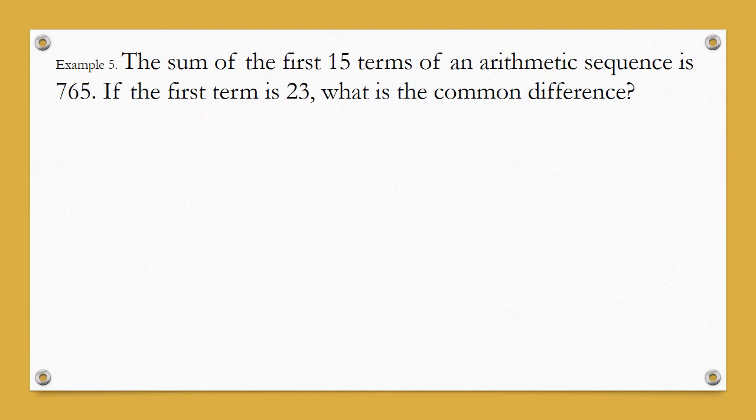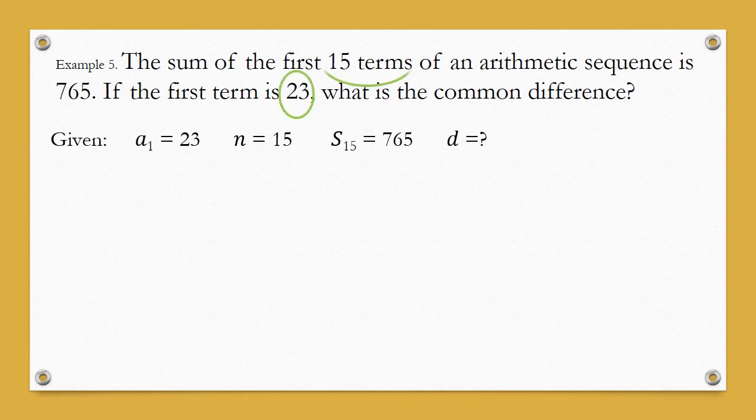Okay, let's have another example. The sum of the first 15 terms of an arithmetic sequence is 765. If the first term is 23, what is the common difference? So again, let us find first the given. We have 23 as the first term and 15 as the number of terms, since we have 15 terms, and 765.